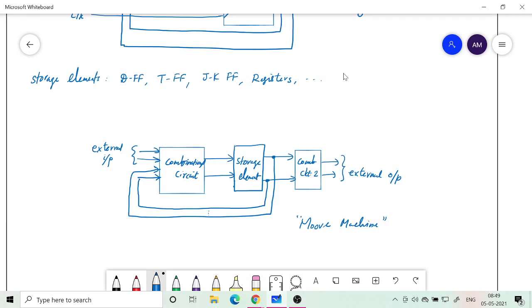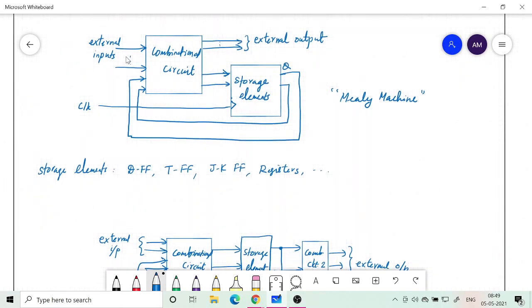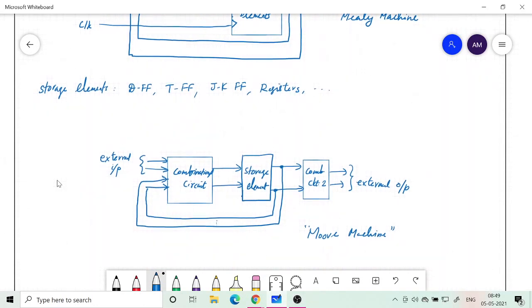Earlier, the external output depended upon the present input as well as the previous output, but here the external output depends only on the previous output. Okay, because the external outputs are taken from the storage element.